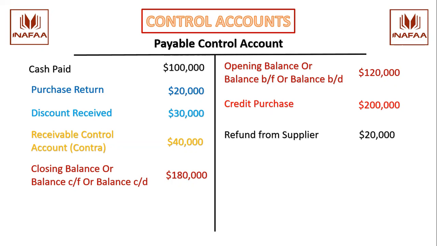For those, we also make the individual accounts, but those accounts are not part of the double entry. Those are called memorandum accounts, but the control account becomes part of the double entry, and this 180,000 balance of the payable control account will be written in the trial balance.